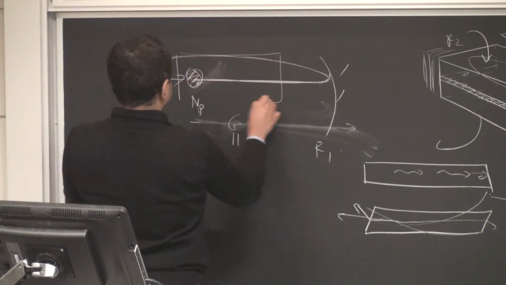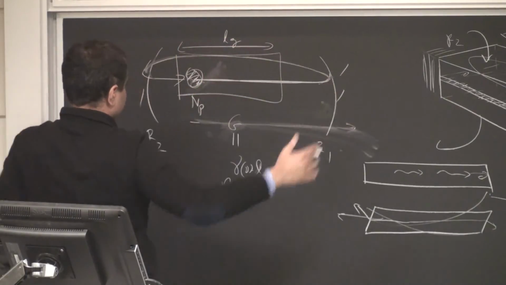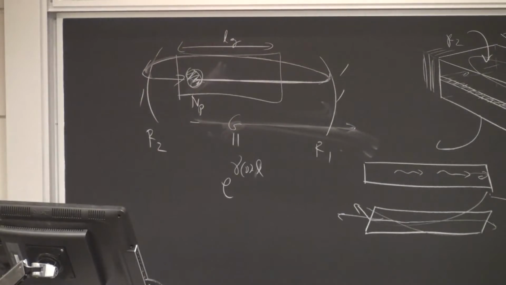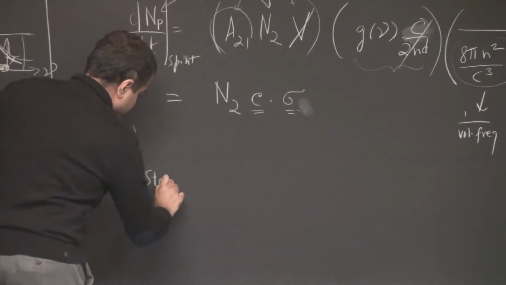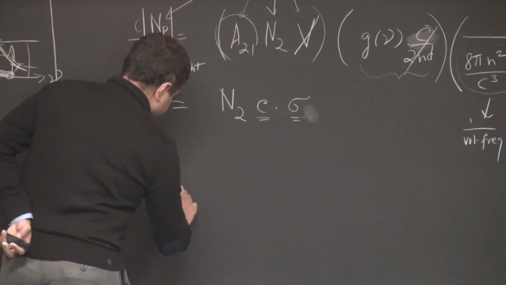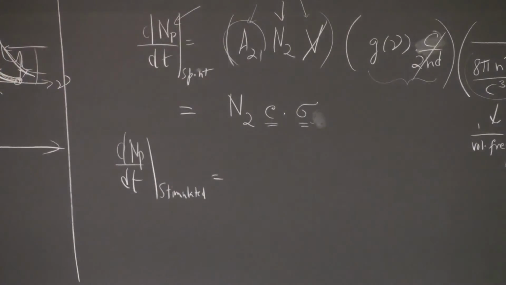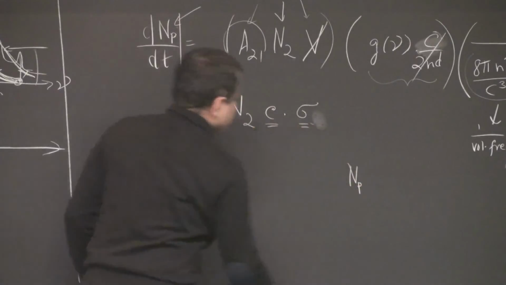Let's say this is the gain medium, and that's LG. Or the whole thing is maybe a gain medium. But I think it's pretty clear that the rate of change of number of photons due to stimulated emission will be equal to, so we started with NP, right?